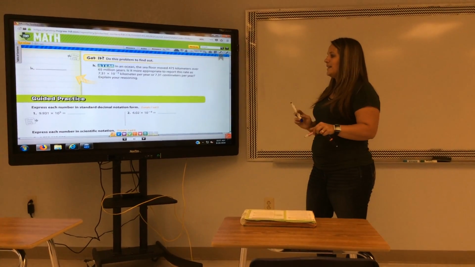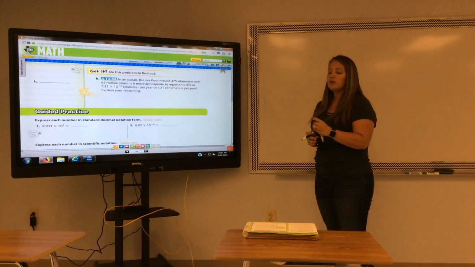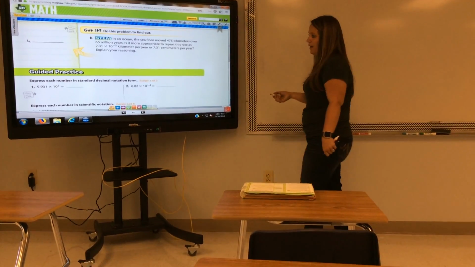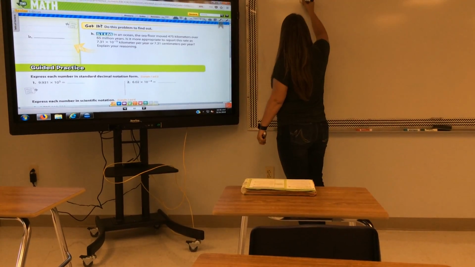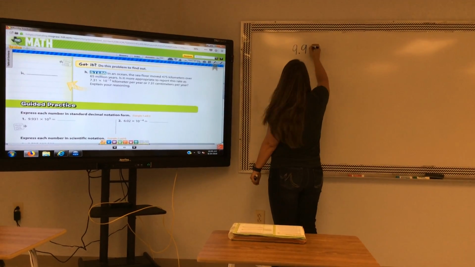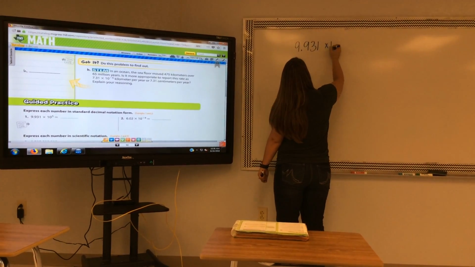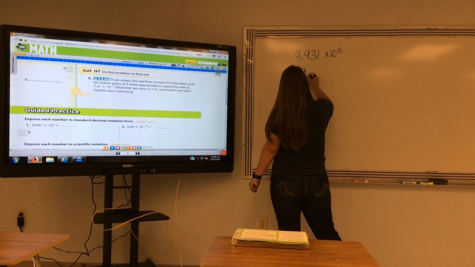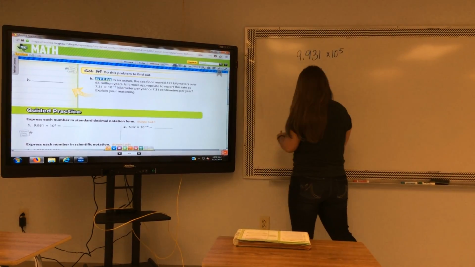Express each number in standard decimal notation form. So they want me to write that in the standard way that you normally see numbers, just written in everyday life. I have 9.931 times 10 to the 5th power. To show your work, just rewrite that first factor.